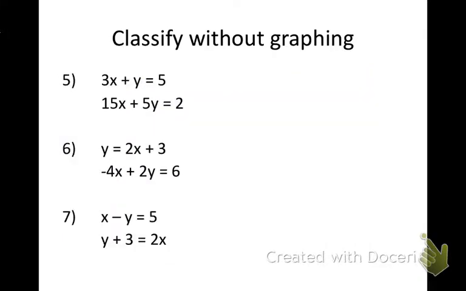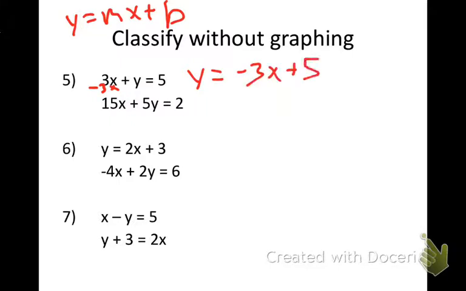So let's look at the next ones here. Number 5, I'm going to classify these without graphing. The first thing we need to do is always put it into slope-intercept form, y equals mx plus b. So the first one here, I need to subtract 3x, giving me y equals negative 3x plus 5.